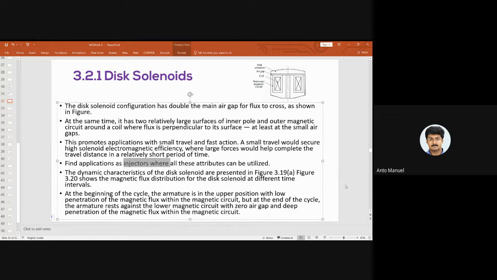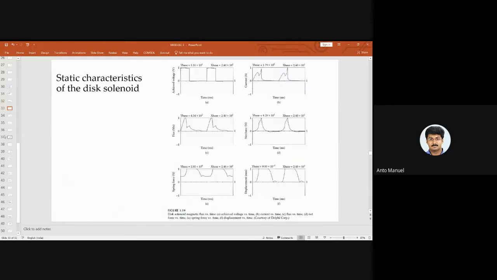The dynamic characteristics and the static characteristics of this solenoid we will discuss in the next slides. This is the static characteristics of the disc solenoid. Static means we analyze the system by applying an external force or voltage, and look at what is happening technically: how the applied voltage is gained by the system, how flux is linking inside the system, how the net force is affected, how the spring force affects displacement, how displacement happens, and how the current changes in the system.